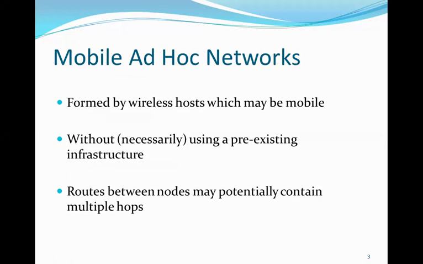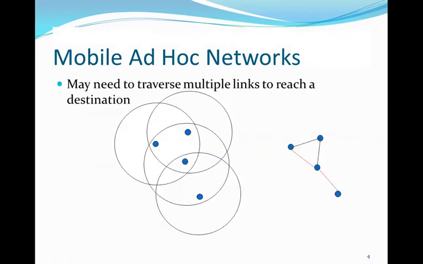That's why you can see here that these networks are formed by wireless hosts, which are mobile or which may be mobile. And there is no infrastructure for these nodes, and routes between these nodes may potentially contain multiple hosts. It means that they can take help from multiple nodes to deliver data from source to destination.